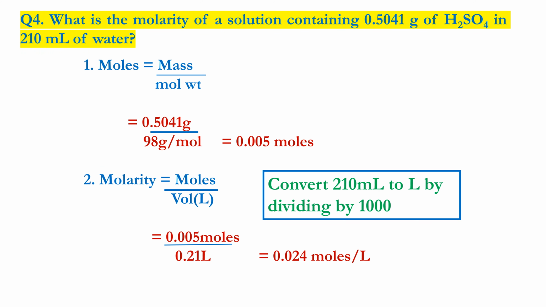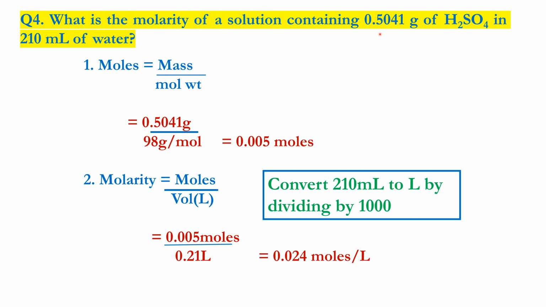Let's look at another example. What is the molarity of a solution containing 0.5041 gram of H2SO4 in 210 ml of water? For this question, we will not use the titration formula because we are only given the mass.